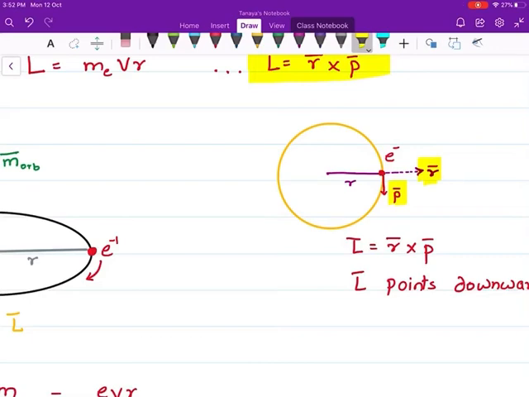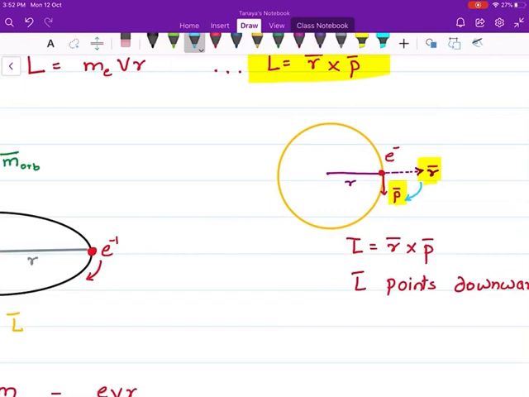Now how to find R bar cross P bar? If you remember, in 11th you have studied: curl the fingers of your right hand from the first vector to the second vector along the smallest angle, and the direction in which your thumb points will give you the direction of the product.